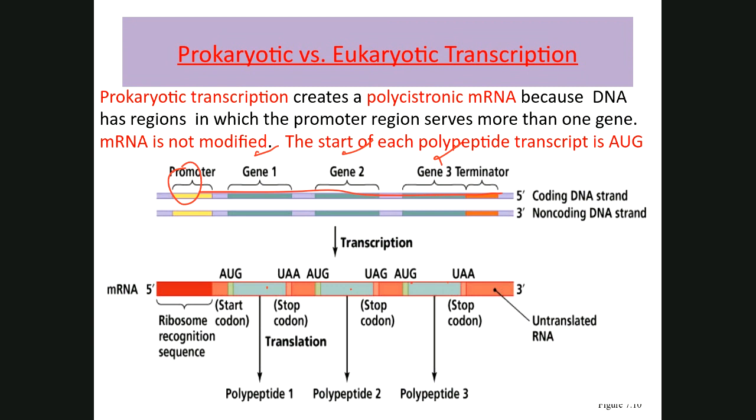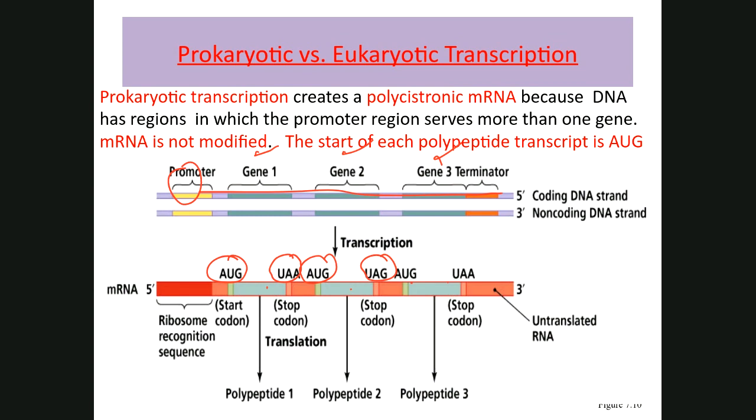The cell knows when a gene begins and when it ends because there are nucleotides that tell the cell this is the start, this is the end. AUG always tells the cell the start. This is the beginning of the protein. UAA means stop. AUG says start of another protein. UAG says stop of that protein.